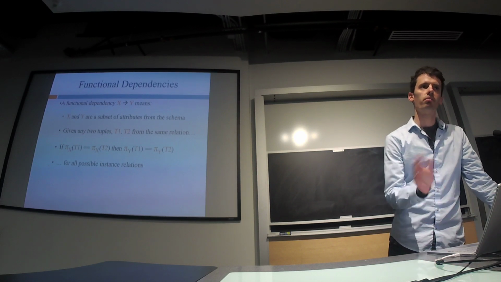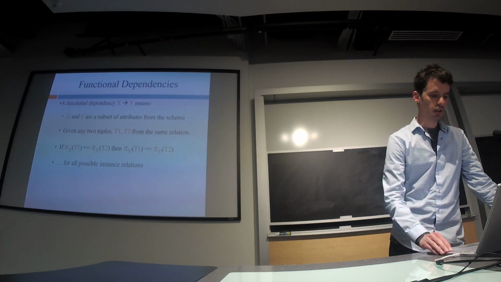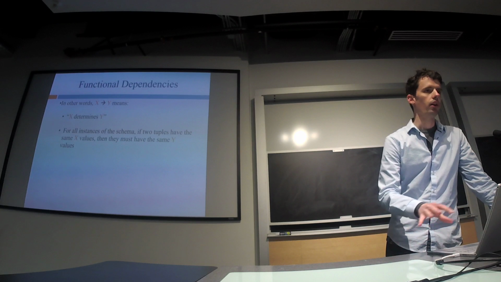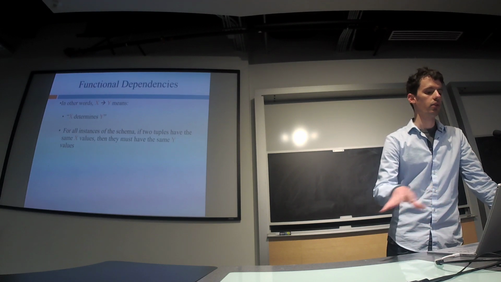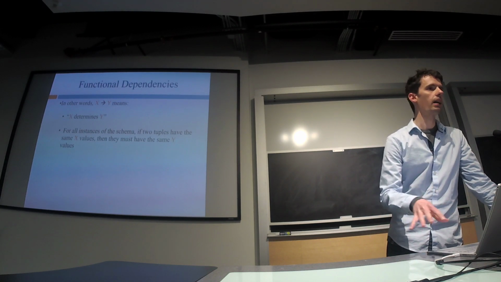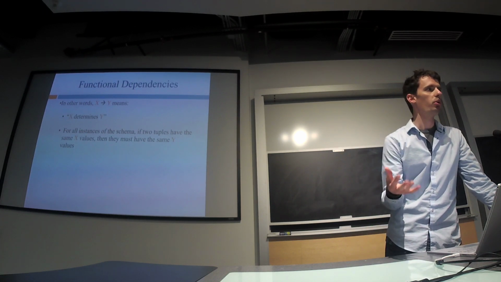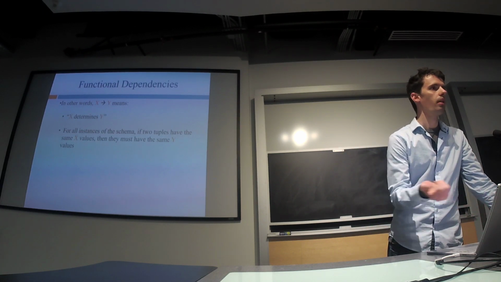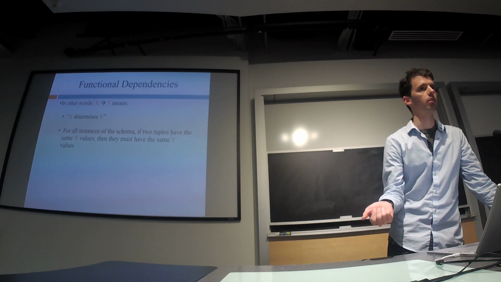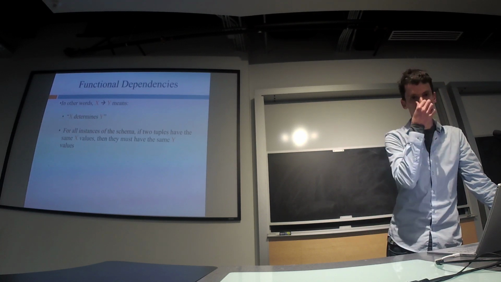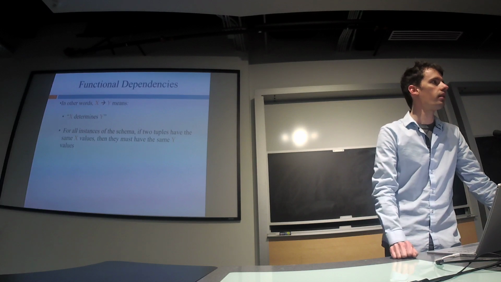Okay, so let's put it in more English terms. A functional dependency X to Y means basically that X determines Y. So take 2 tuples. If their X values are the same, then their Y values have to be the same. So, a simple example of this.